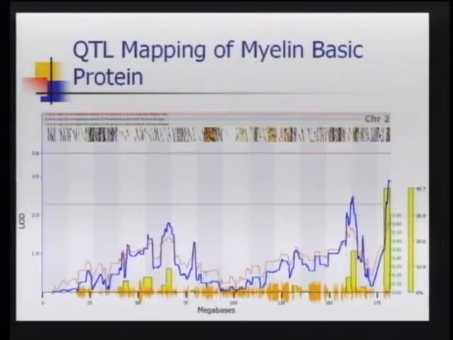Okay, that's the statistical association of the likelihood that the expression of myelin basic protein, or you can think about it, the expression of pediatric TM, is associated with a place on that blue line. Okay, and the blue line is the LOD score. If the blue line gets up to that gray line there, that's a very highly statistically significant, almost the p-value at that particular place really goes to infinity.